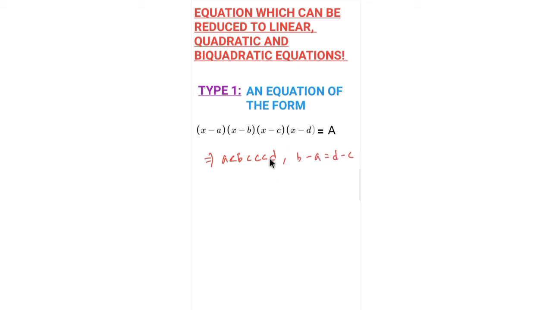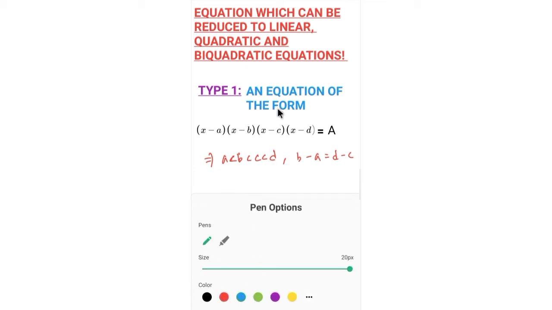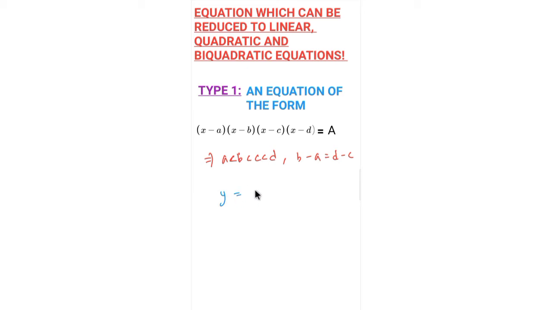These are the conditions. So how can you do it? You need to introduce a new variable y, which is nothing but ((x - a) + (x - b) + (x - c) + (x - d)) divided by 4.